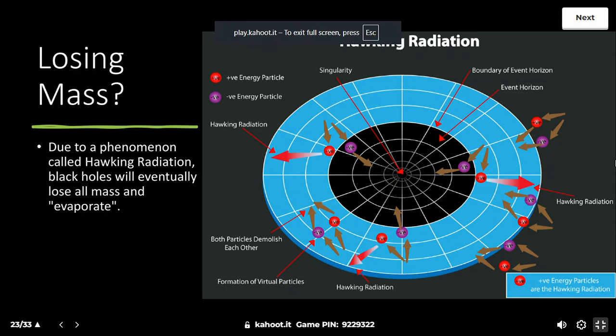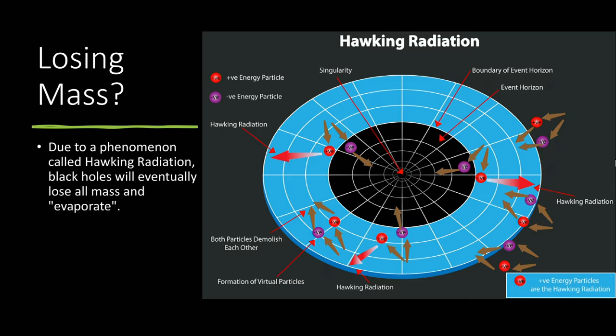In that quantum foam is where we're going to find the answer to how we could possibly lose mass from our black hole. So we've talked about the Heisenberg uncertainty principle, and it turns out there are different versions of that.